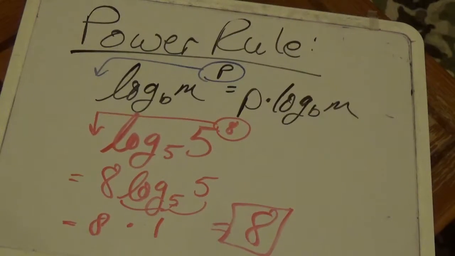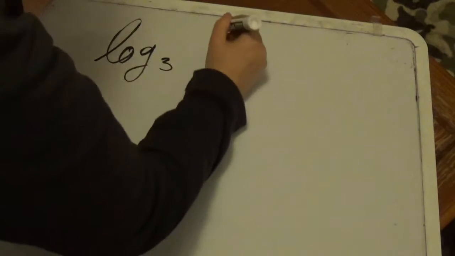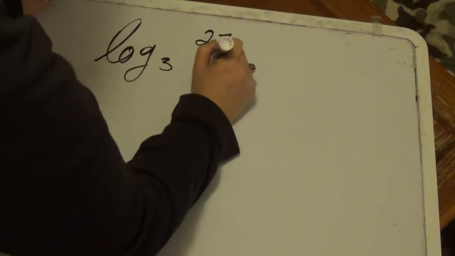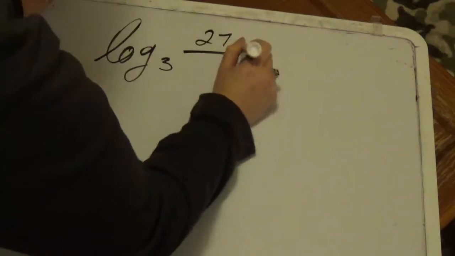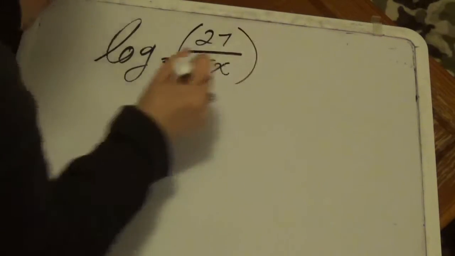All right, let's put a couple of these together. So these are some combined examples. So let's say that you have log base 3 of 27 over 5x.